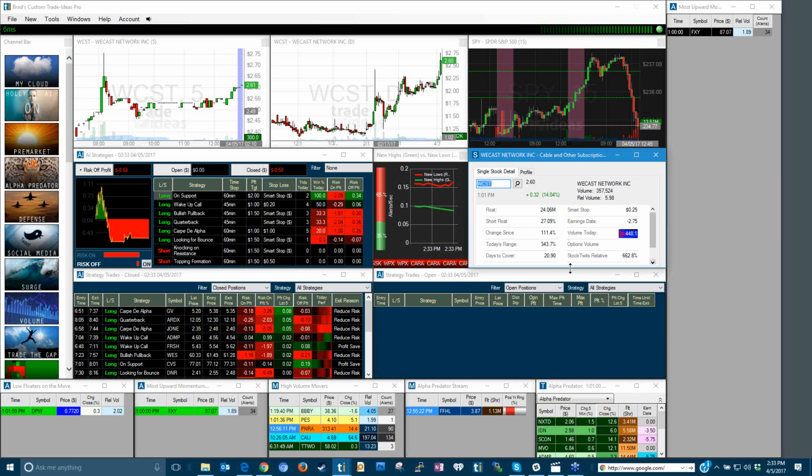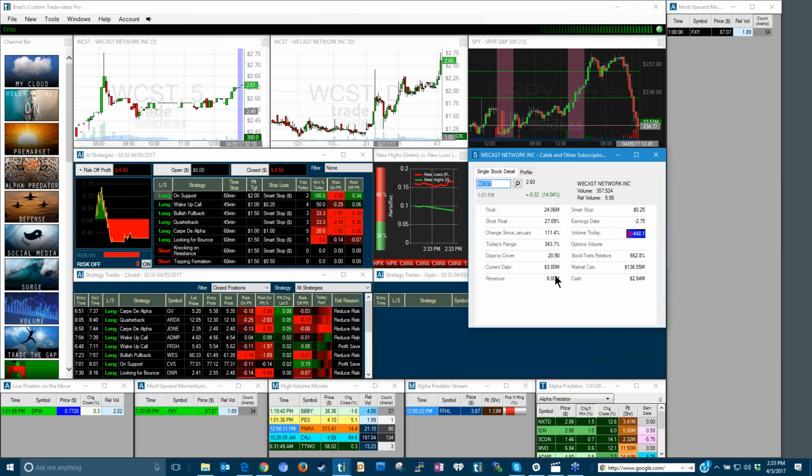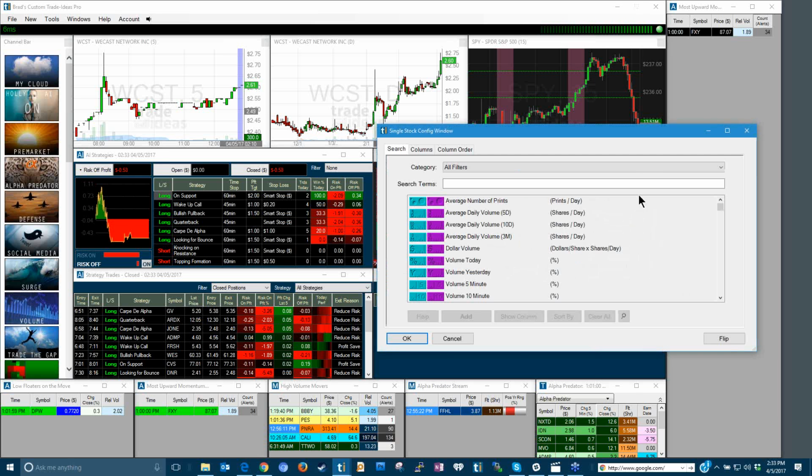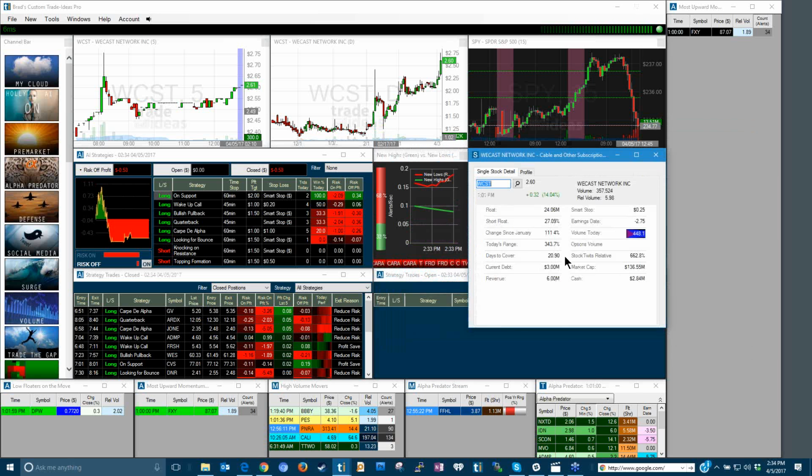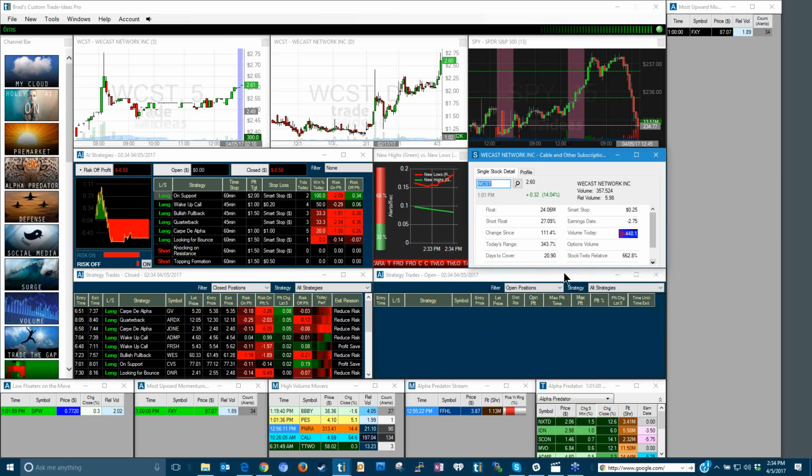With respect to the data points on the single stock window, I mentioned earlier that it's a configurable window. Just like any of the other tools, you can decide which filters, and these are all the different filters we have, which filters you want to have visible inside of this particular component of the tool.